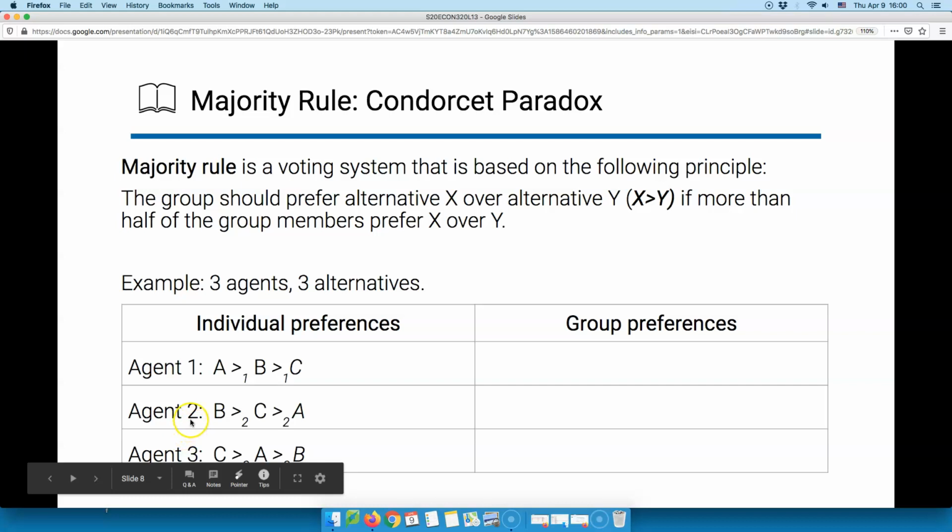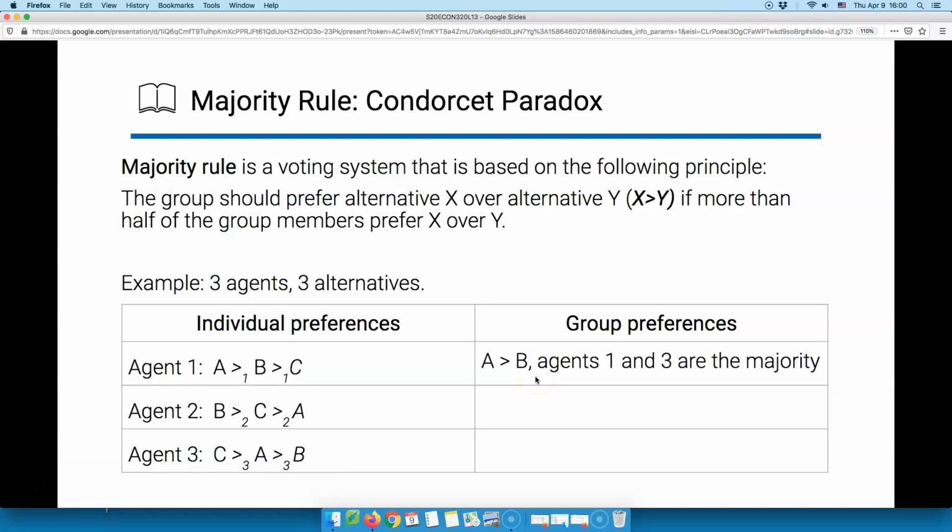So let's start with A and B. From the perspective of agent 1, A is better than B. From the perspective of agent 2, B is better than A. From the perspective of agent 3, A is better than B. So 2 out of the 3 agents prefer A to B, and clearly with 3 agents, 2 form a majority, so the group preferences have to reflect that. Under majority rule, A has to be preferred to B because of agents 1 and 3.